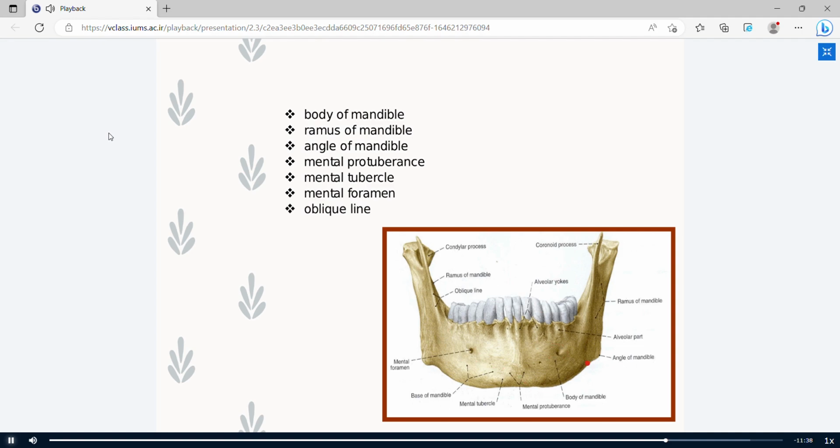The body of the mandible is divided into the base and the alveolar part. The superior border of the body is the alveolar part. The inferior border of the body is the base of the mandible.